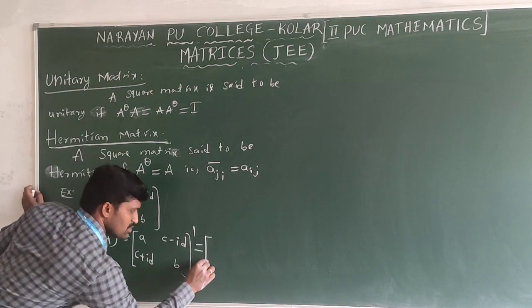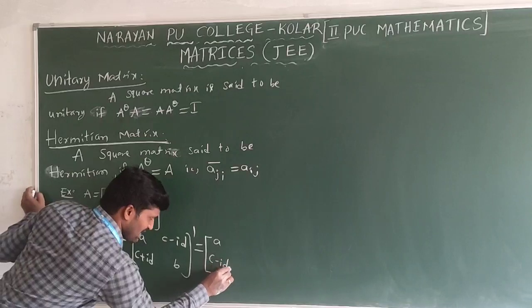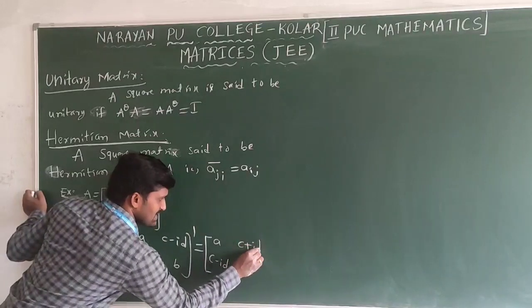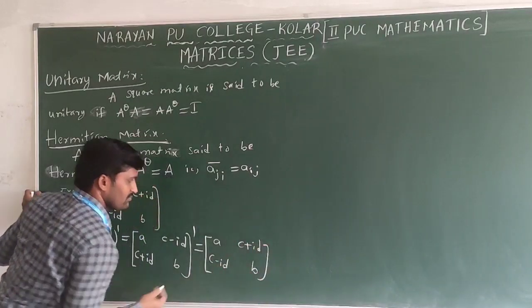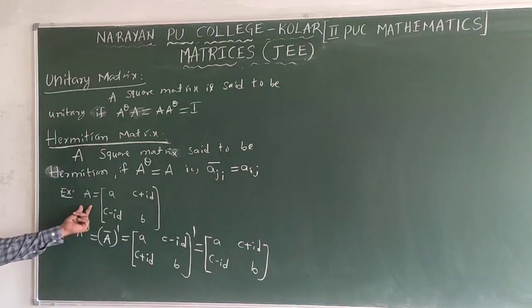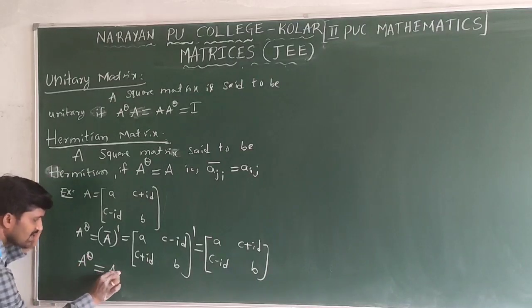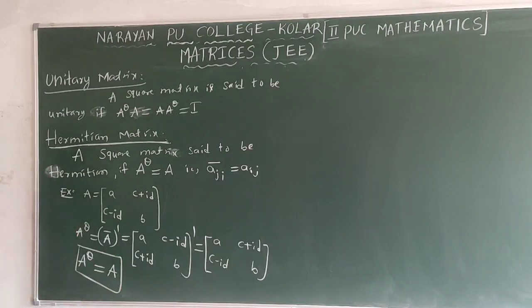For this matrix, apply transpose, what will you get? a, c minus id, c plus id, b. This matrix is completely which one? It is the A matrix. So from this what do you write? A power theta equals A. Now this is clearly a Hermitian matrix.